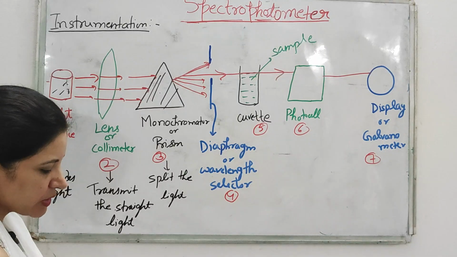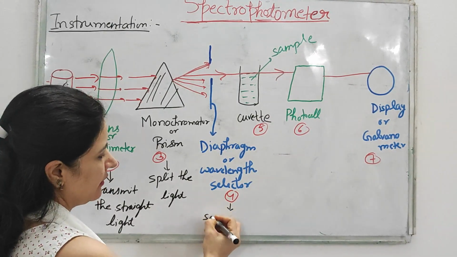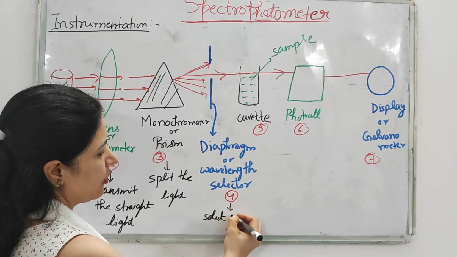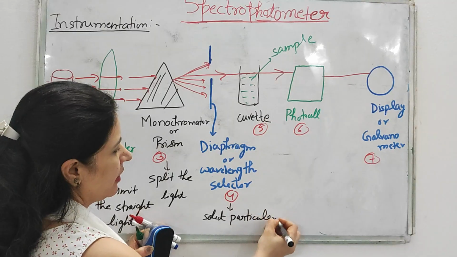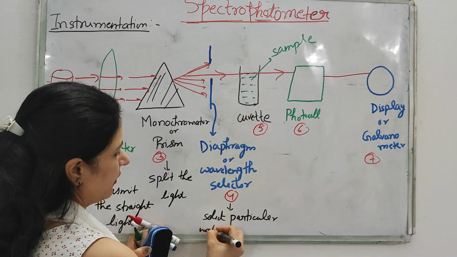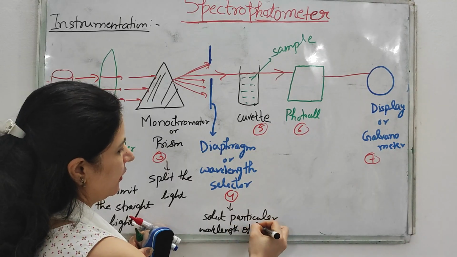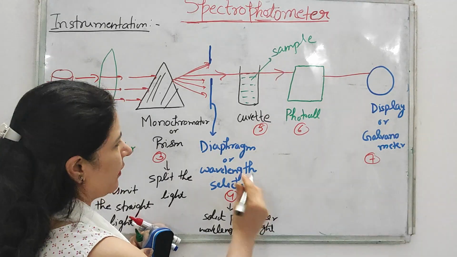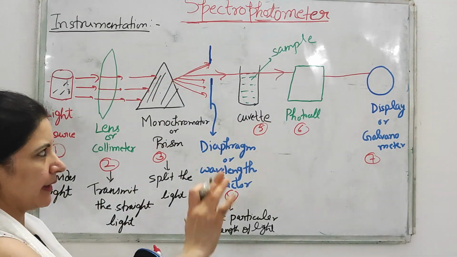So the function of the wavelength selector is to select a particular wavelength of light. This is the function of your diaphragm or wavelength selector.